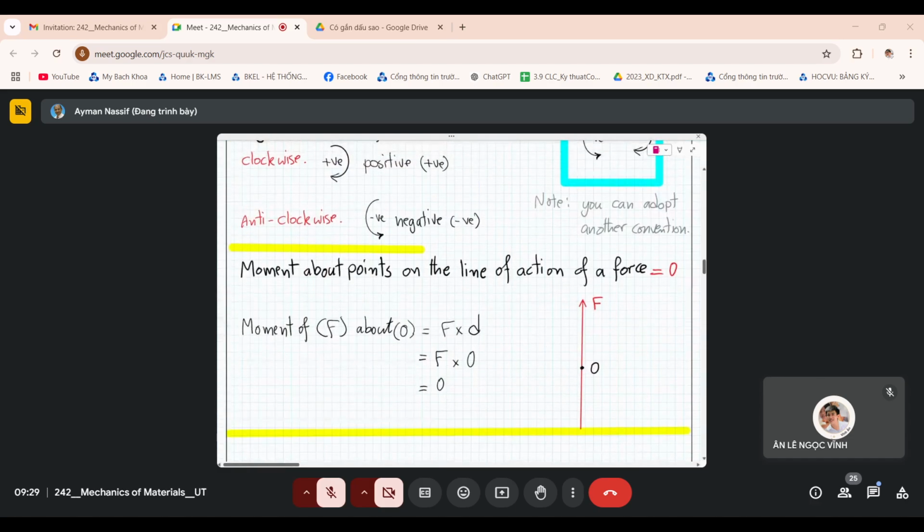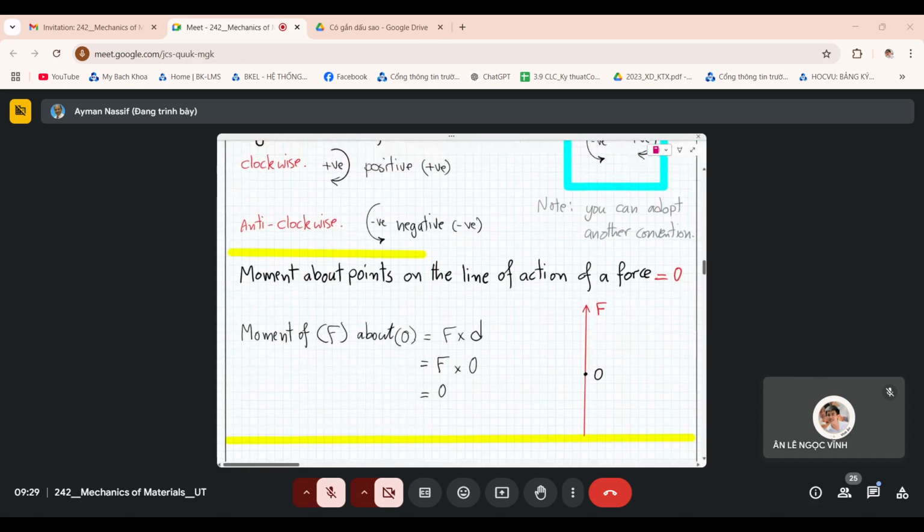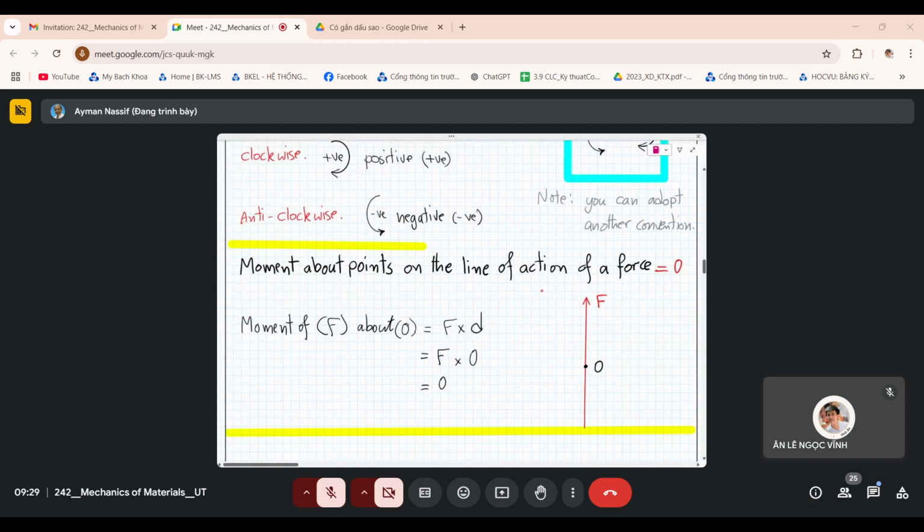Another very important piece of information is that if you consider the rotational effect of any force about any point along the line of action of this force, it will be 0. So the moment about points on the line of action of a force must be 0.